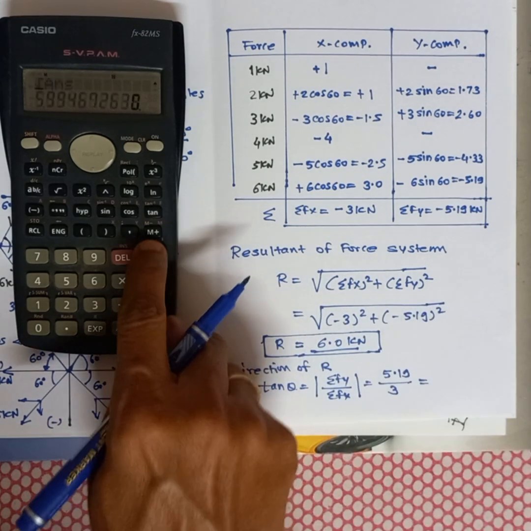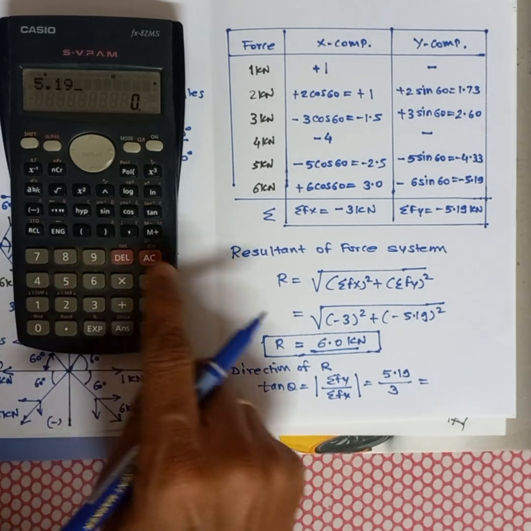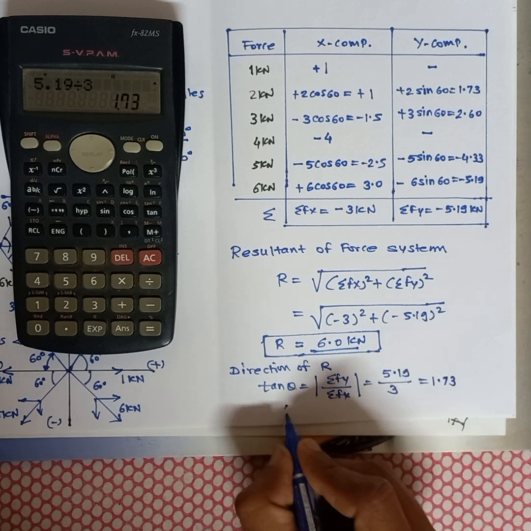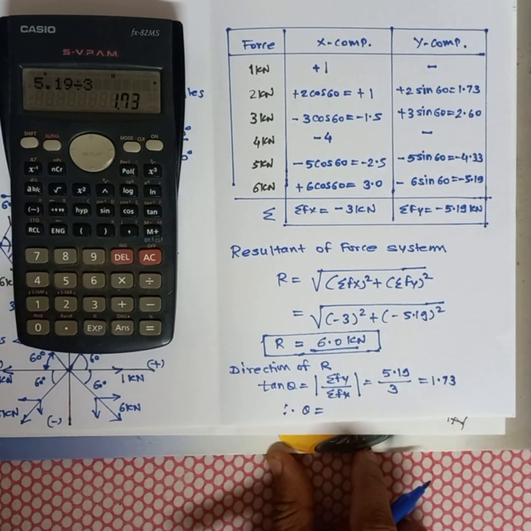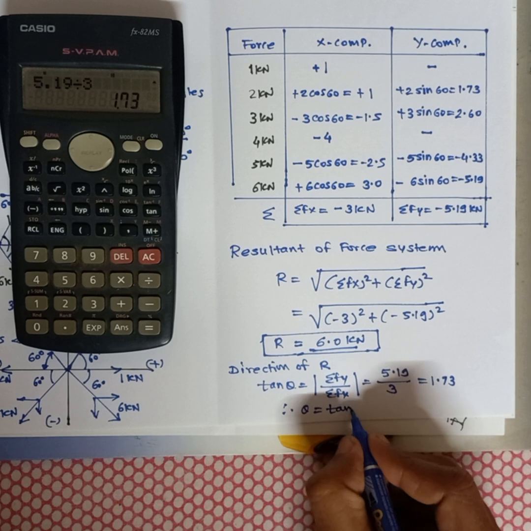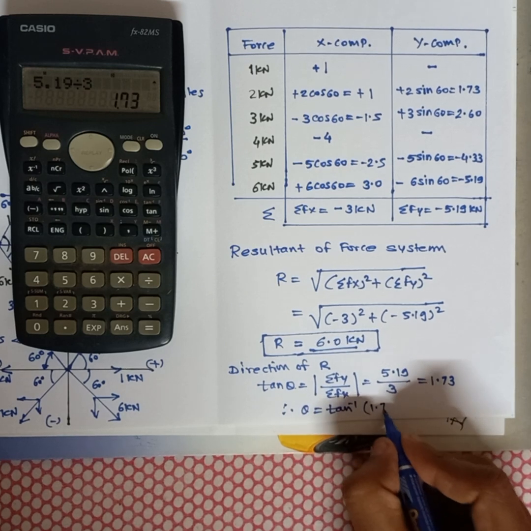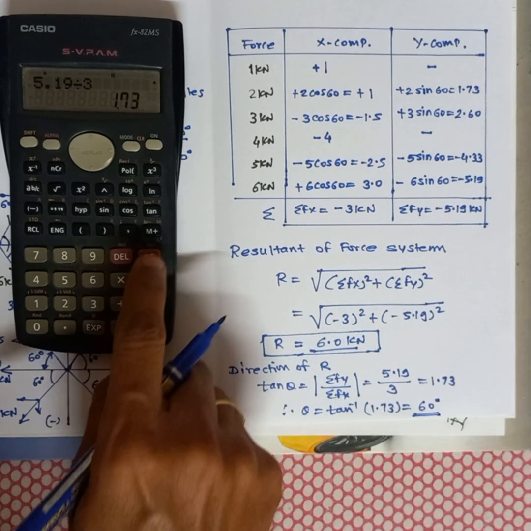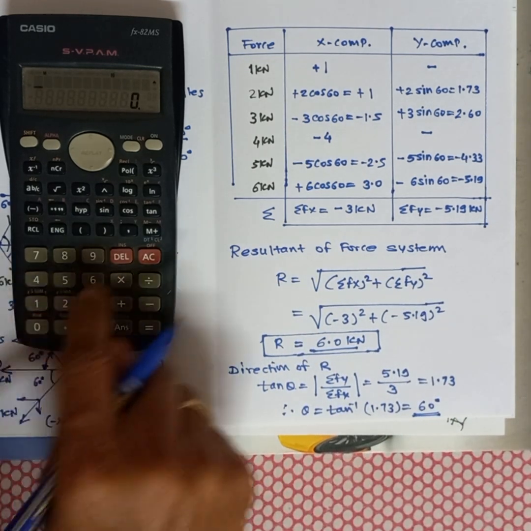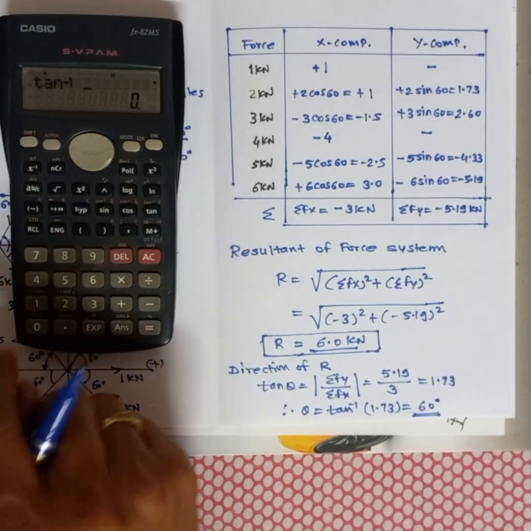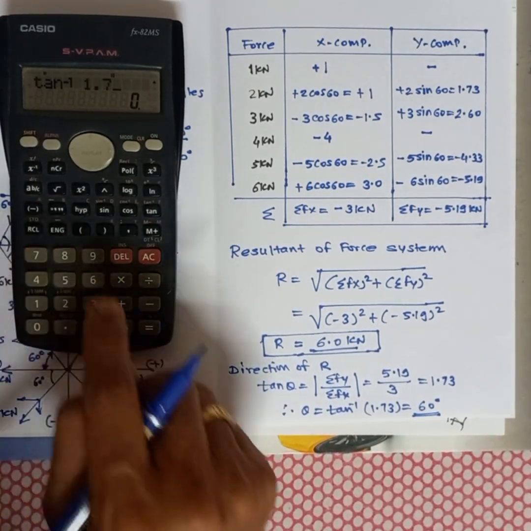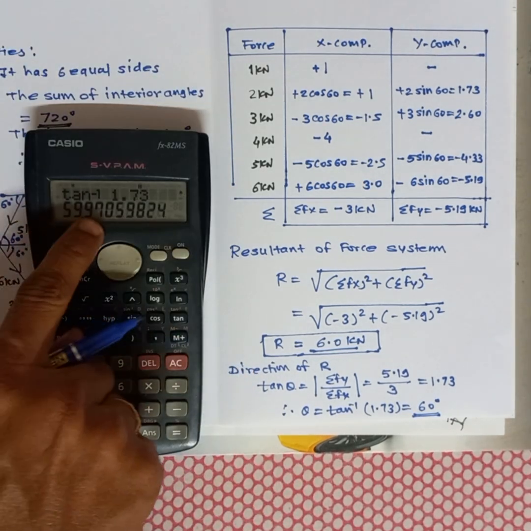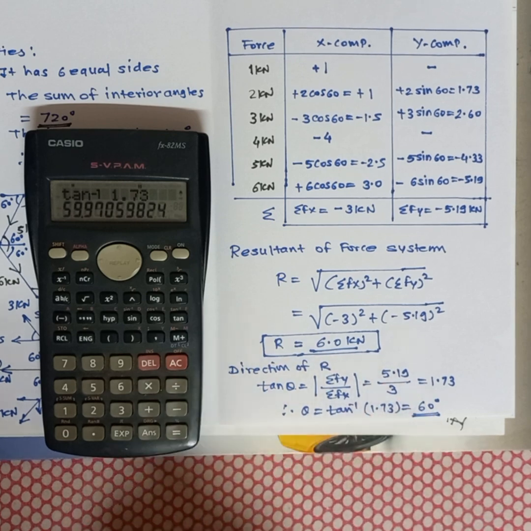Just check on calculator, 5.19 divided by 3, it is coming 1.73. Hence theta equals tan inverse of 1.73, which equals 60 degree. You can see shift tan inverse 1.73, that is 59.97. So I have taken a round value, 60 degree.